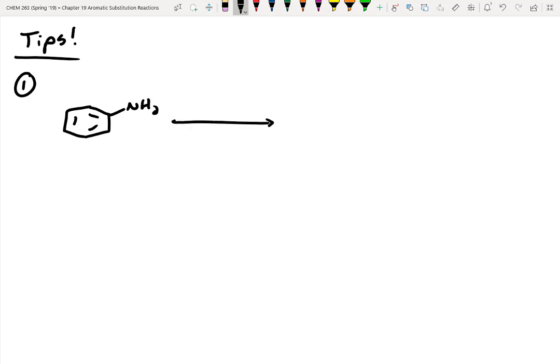The first one is if you have aniline or any sort of amino substituted benzene, and you treat it with nitric acid and sulfuric acid, you end up with goo. Basically, this will rapidly polymerize, and it's not a reaction you can accomplish. So there are tricks around this that we'll cover later, but for right now, we're going to assume we can't really do a heck of a lot with this. All right?